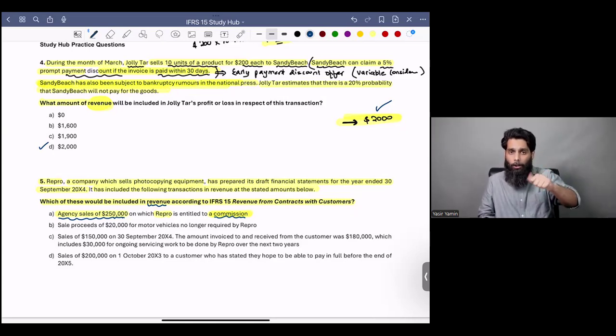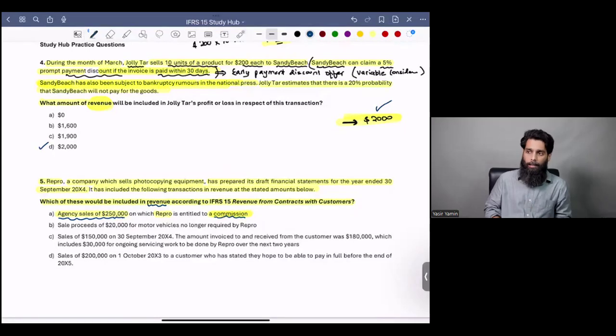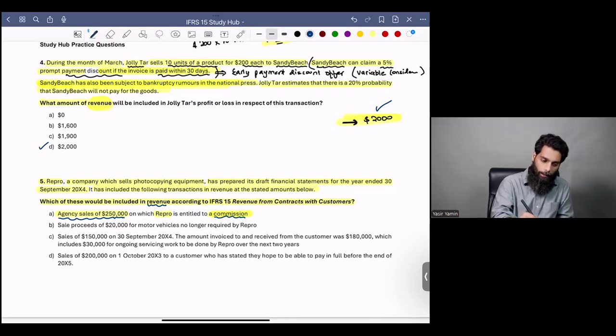Can we recognize this agency sale as a sale? Obviously, the answer is no. Remember, we studied under step 1 of IFRS 15 that if an entity enters into a transaction in the capacity of an agent and not a principal, then you are only entitled to commission. You cannot recognize the complete amount as revenue. So definitely this is not the answer.